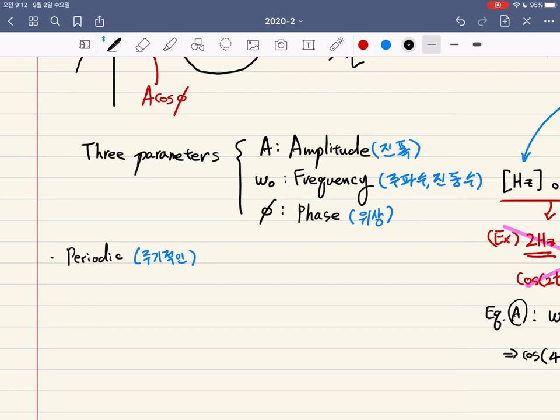So there is x of t, and the periodic means if you shift some amount along the time axis, then the signal repeats itself.